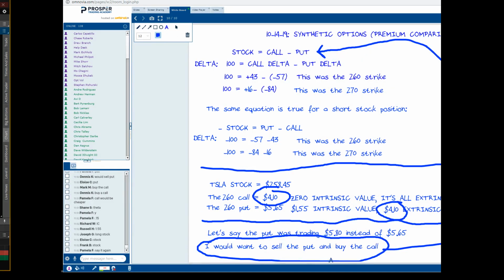So if I have bought the call and sold the put, that is the same exact position as owning the stock. From a delta standpoint, it is the exact same position.